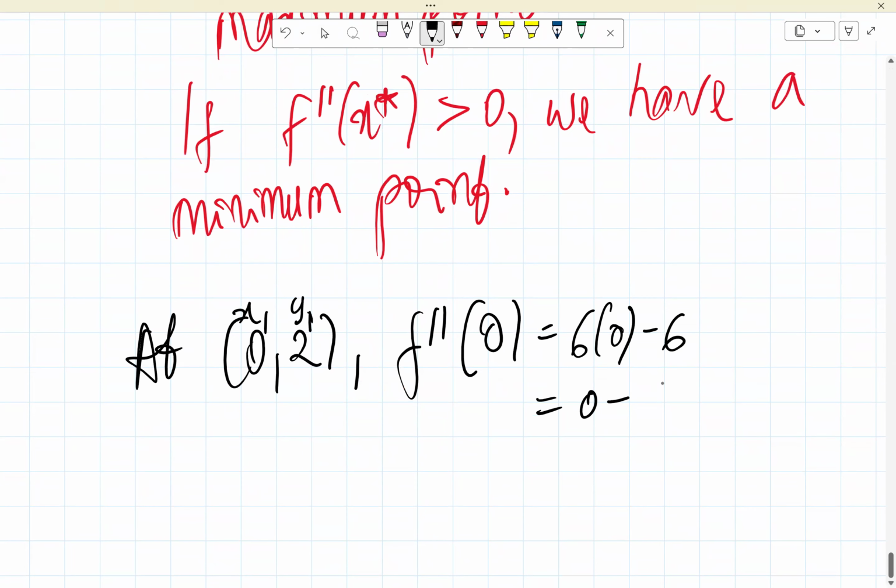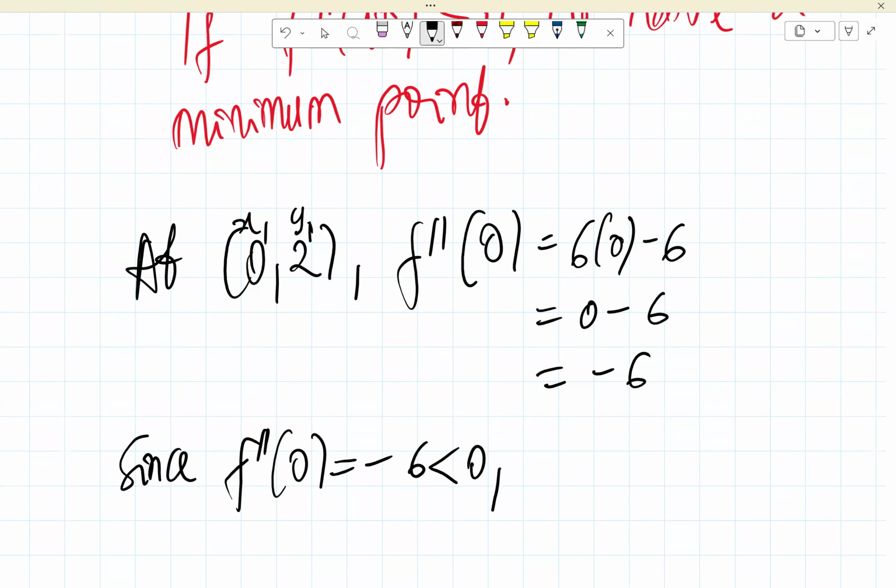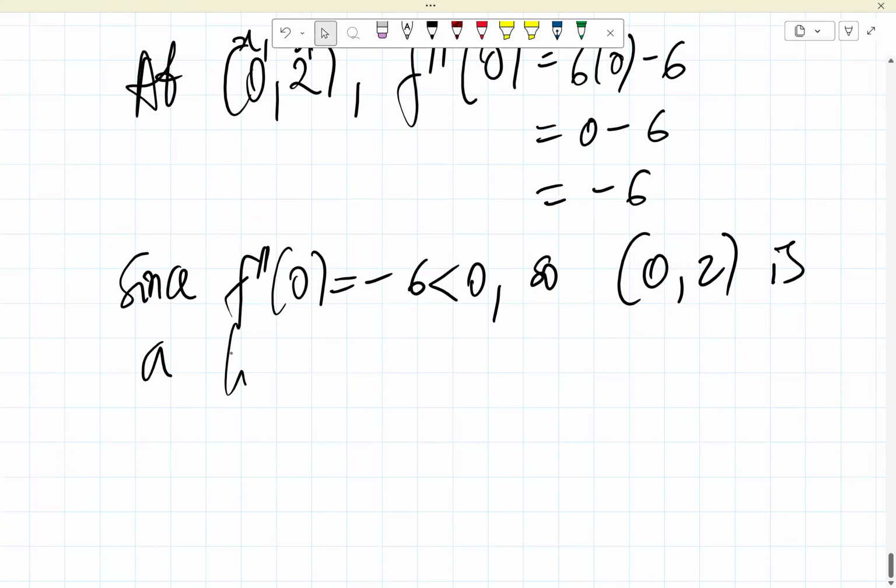So that is 0 minus 6, and that is minus 6. Since f prime prime of 0 is equal to minus 6, and that is less than 0, 0, comma 2 is a maximum point, or you can say it's a local maximum.